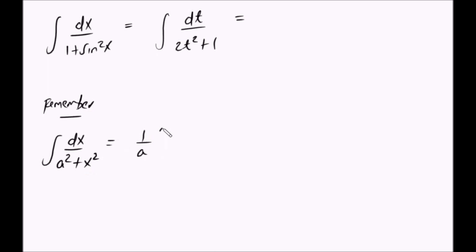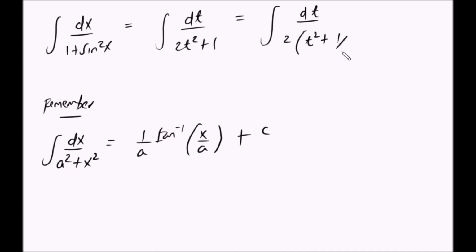This is just 1 over a tan inverse x over a plus c. Lakini tunaona x yetu haina coefficient lakini hapa x yetu ina coefficient, so we must remove this. So I'm gonna factor out hiyo mbili hiyo, na factor out ndani tabaki na 2 square plus 1 over 2. So hii mbili naweza nikaitoa nje because it's constant, kwa hiyo inakuwa ni hivi. So it's t square plus 1 over 2.